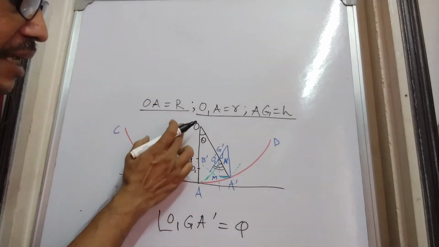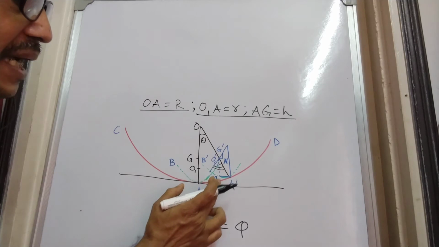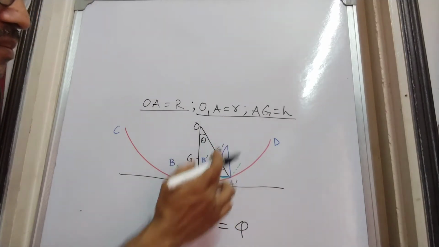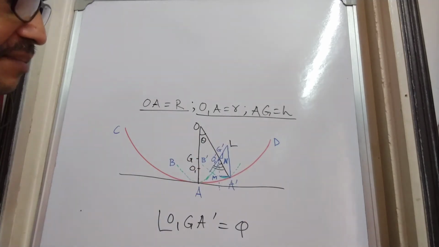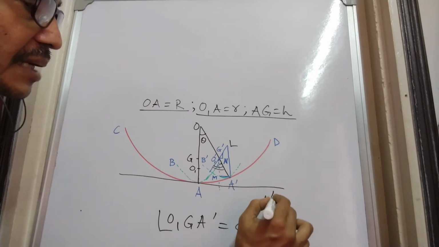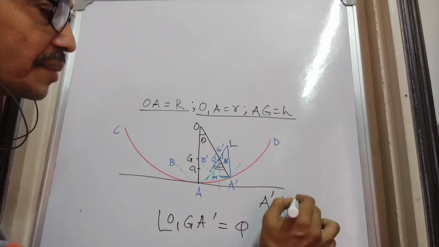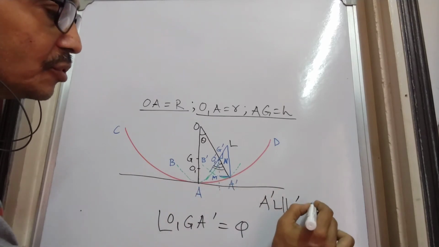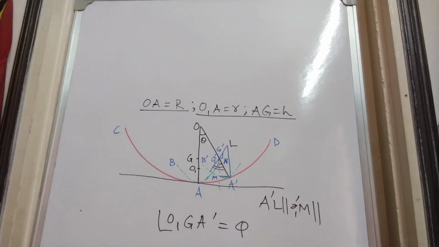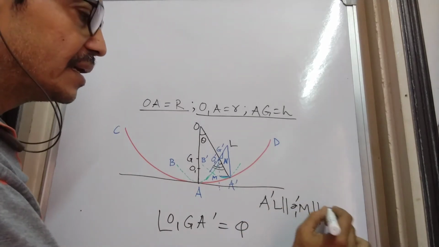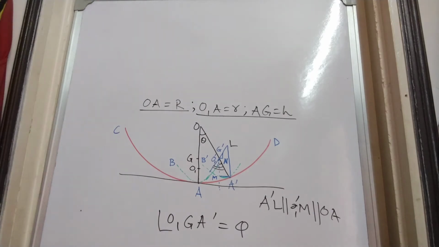So these three lines, AO, O1 prime M, and the vertical line through A prime, let us mark it as L, A prime L, are all parallel. A prime L is parallel to O1 prime M, which is drawn perpendicular downwards from O1 prime, and OA, the bigger radius in the initial position.